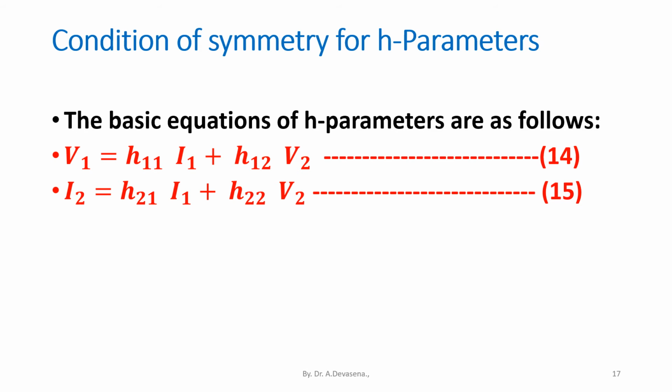Consider this as equation 15. That is, in the h parameters, V1 is a function of I1 and V2. Similarly, I2 is a function of I1 and V2. This is represented in equations 14 and 15.